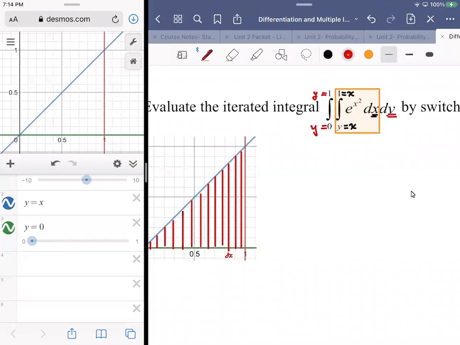So this is definitely rectangular, but you're looking at a distance corresponding with y equals x, right? So the height is y equals x in this context, multiplied by dx, and that gives you the thickness of the base rectangles, give it some height, and now you have a volume, right?